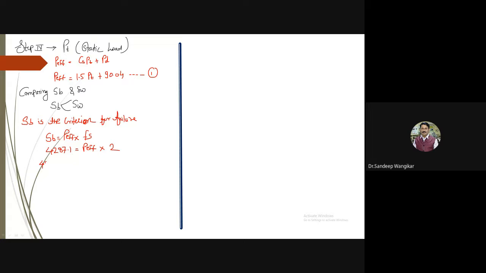So I will modify this: 4287.1 is equal to, from equation number 1, 1.5 PT plus 90.04 into 2. From equation 1 we have substituted the value. Now if you check only PT is unknown, so just go for solving and you will get the value of PT.